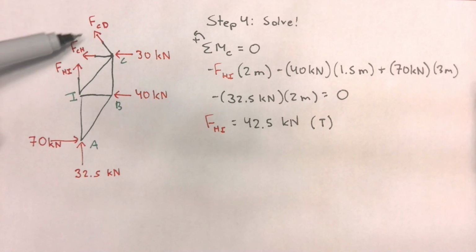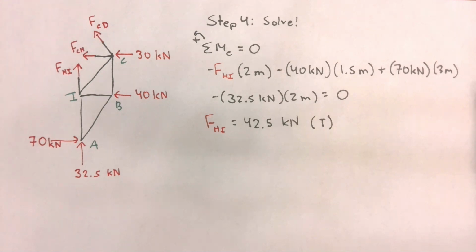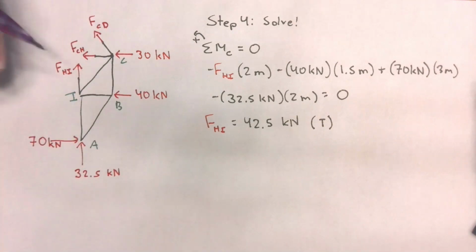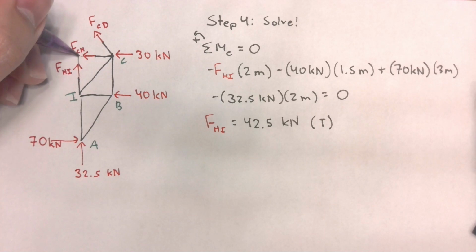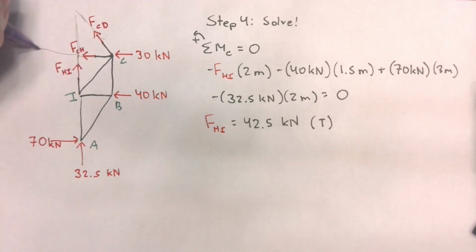I still have to find my force from C to H and my force from C to D. Again, I want to make sure I can eliminate as many forces as possible. So here's a little bit of a trick when you're doing method of sections. When you take your sum of moments, even though you're looking at only a section of the problem, you know that this truss will have this shape.